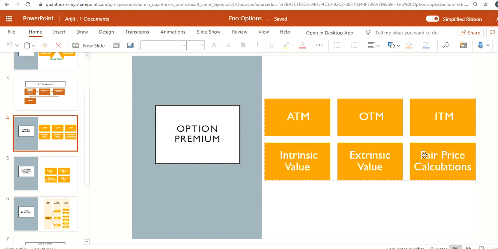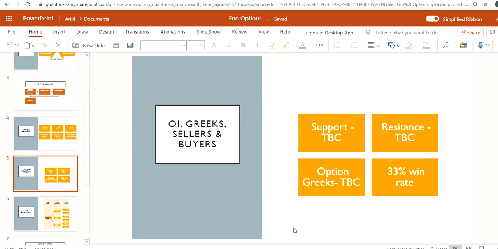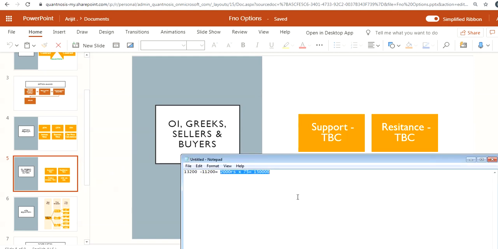How much the option price will move per rupee movement of the underlying is defined by an option Greek named delta. And for the option premium, the extrinsic value part that I mentioned previously: if any option contract has an intrinsic value and an extrinsic value, the extrinsic value decays, losing value over time.